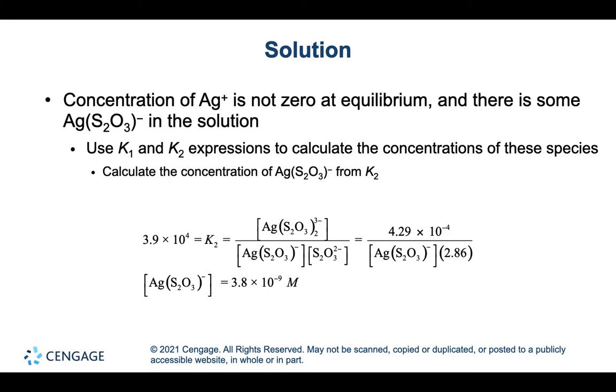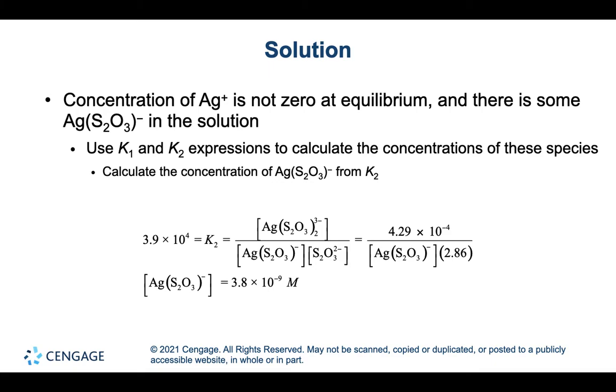But we can't assume that the Ag+ ion is going to be actually 0 at equilibrium. And so what we do is we start with the second equilibrium. 3.9 times 10 to the 4th is the K2 for the second step of the formation of the complex ion.